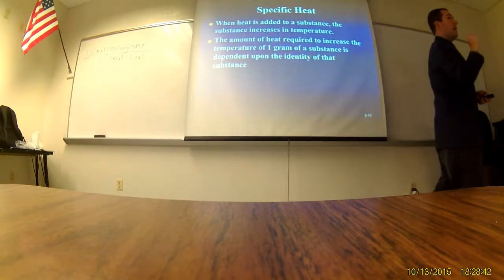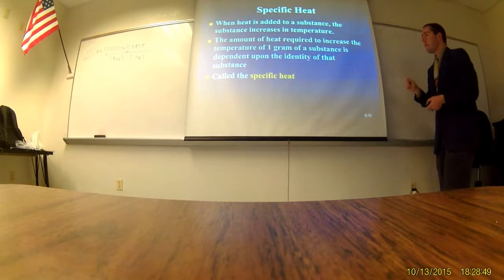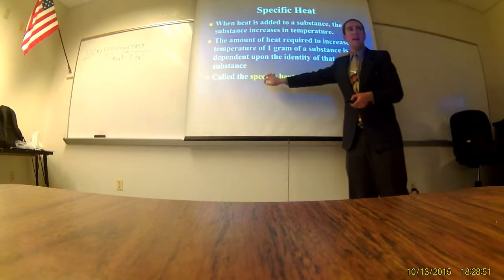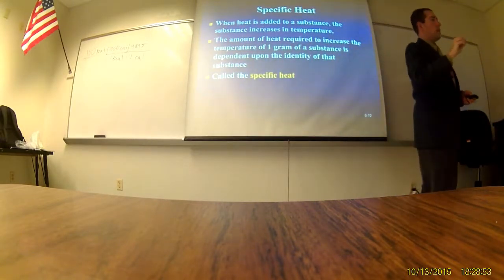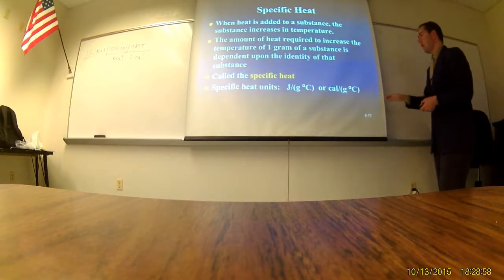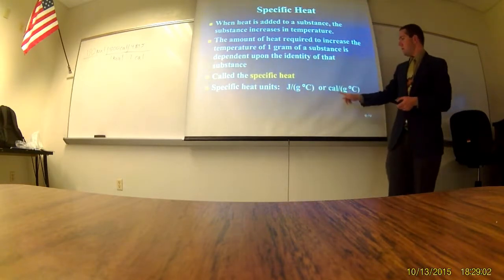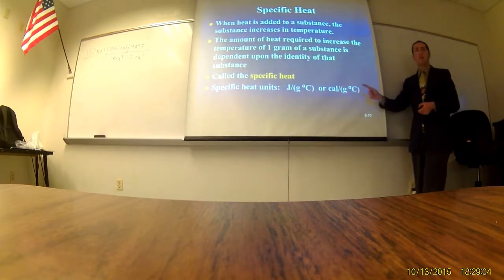So what is the specific heat of water? 1 calorie. Yeah. This is the specific heat. How much heat you need to raise the temperature of 1 gram 1 degree. The units are joules per gram degree Celsius or calories per gram degree Celsius.